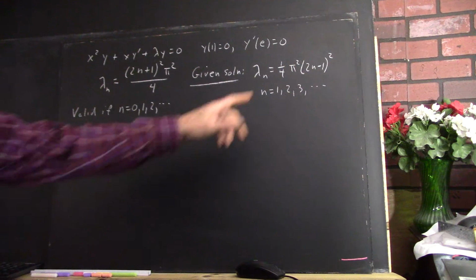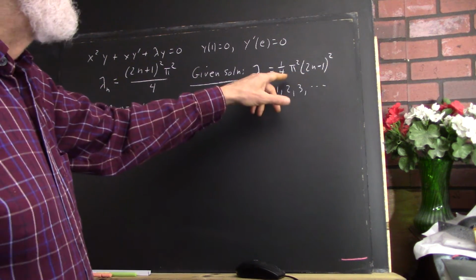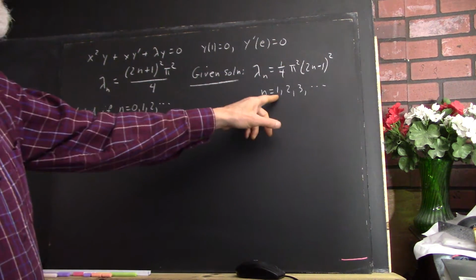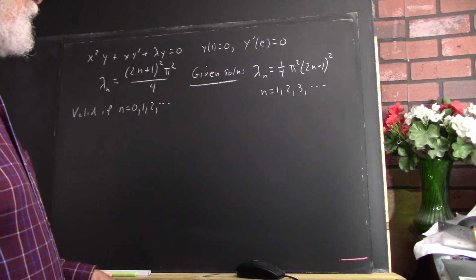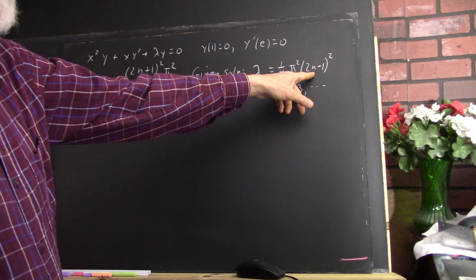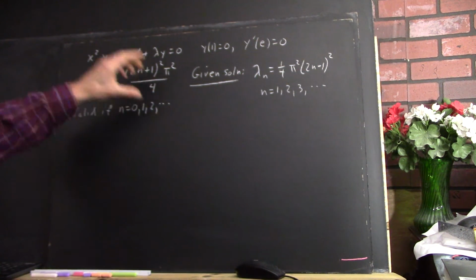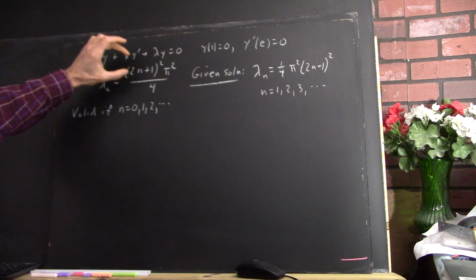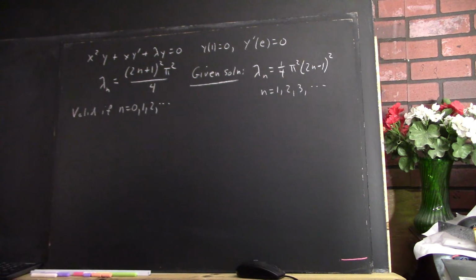And here if n equals 1, you get a 1 here, and again times pi squared over 4. So for n equals 0 here, you get the same thing you get for n equals 1 here. And for any value of n, 2n minus 1 is going to be the same as what you would get here if n was 1 less. Because if you replace n by n minus 1, you get 2n minus 2 plus 1, which is 2n minus 1.